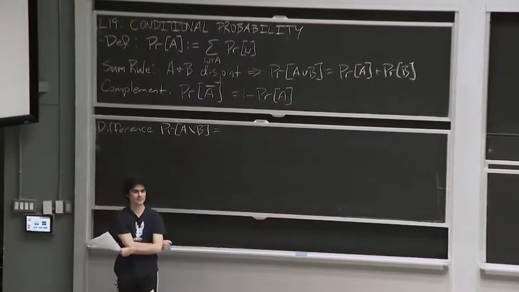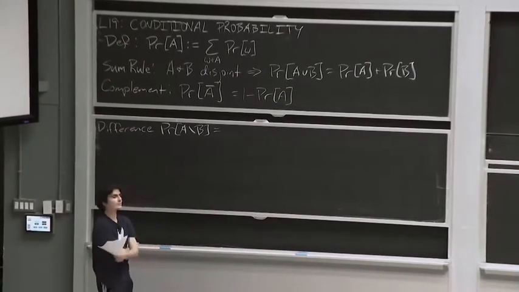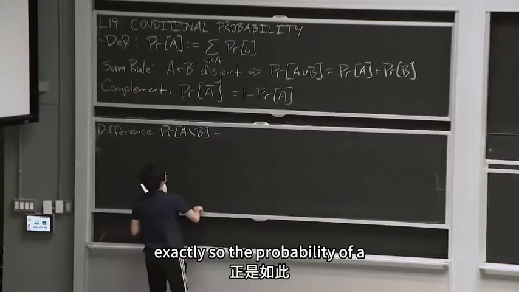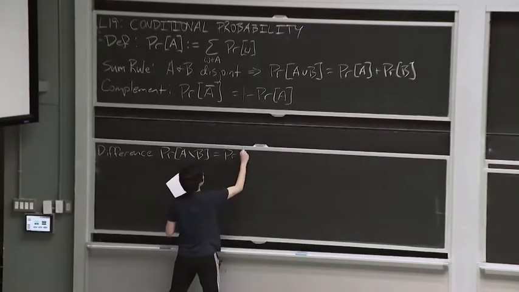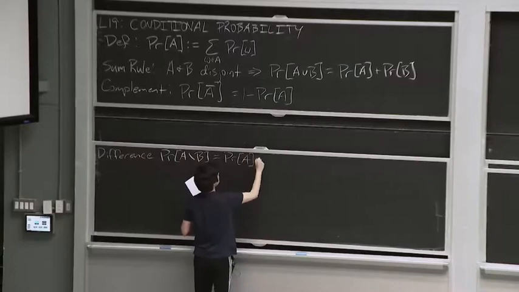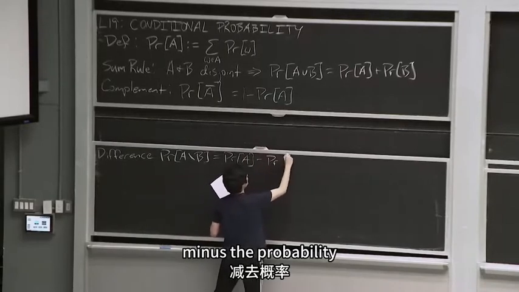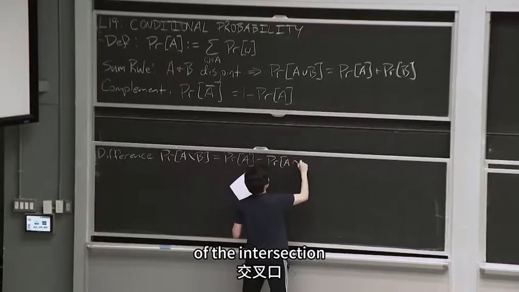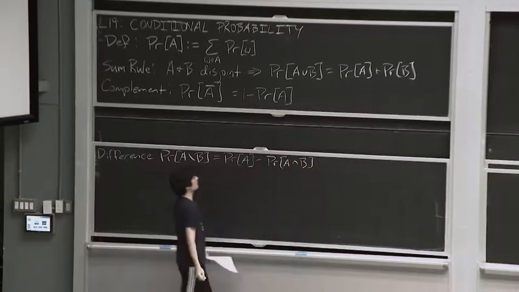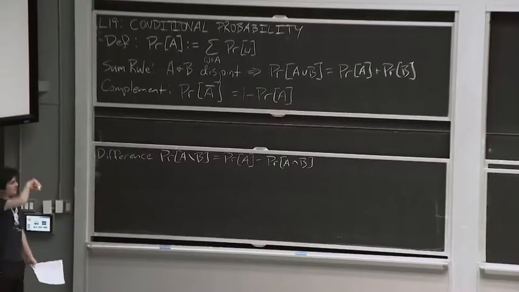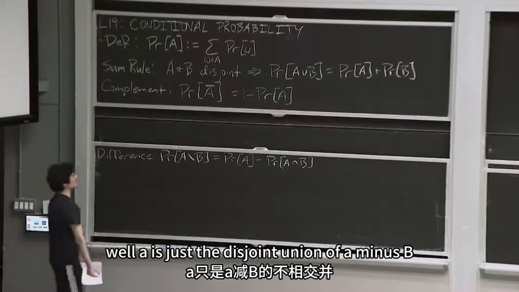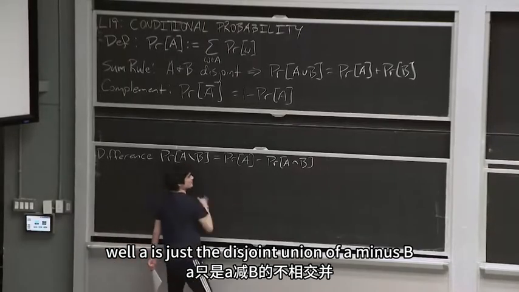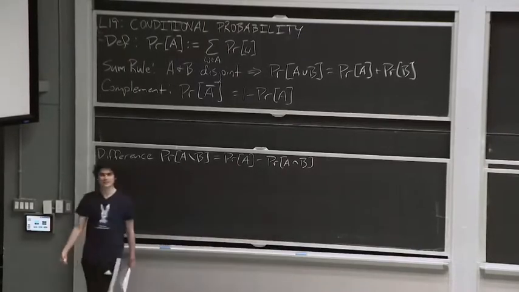Exactly. So the probability of A minus the probability of the intersection. Okay? And why is that? Well, A is just the disjoint union of A minus B and A intersect B. Okay?